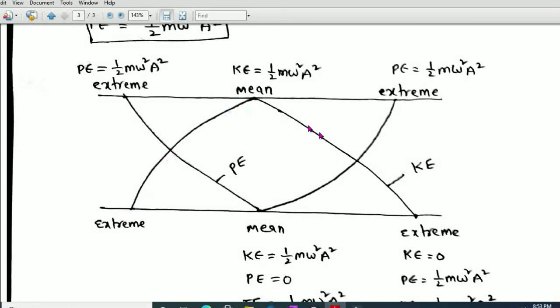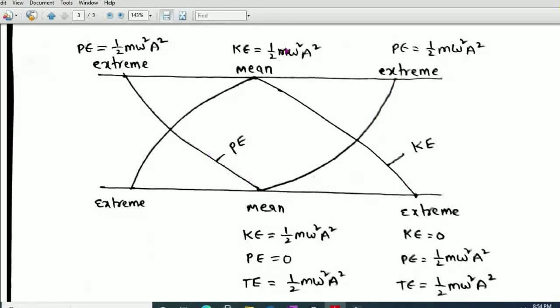This is the kinetic energy curve. And this is the potential energy curve. At the mean position potential energy is 0. As you move towards the extreme position, the potential energy goes on increasing, on both sides, and at the extreme position potential energy becomes maximum. So this is the potential energy and kinetic energy representation.